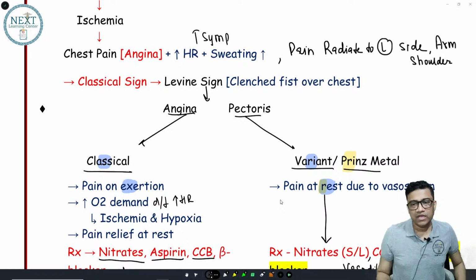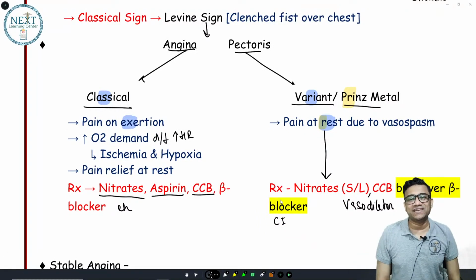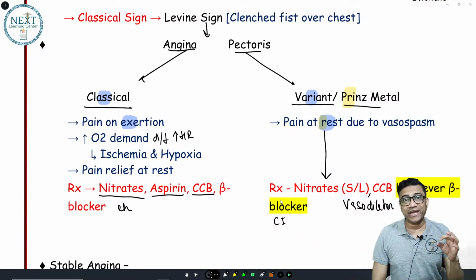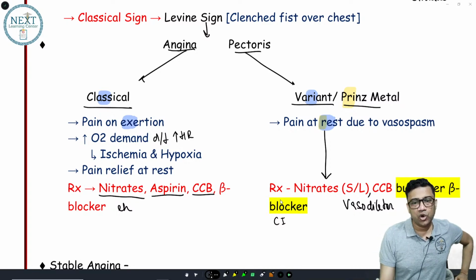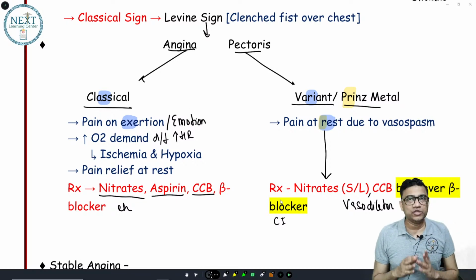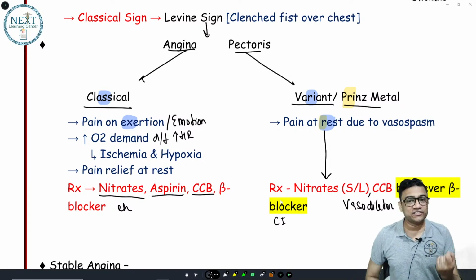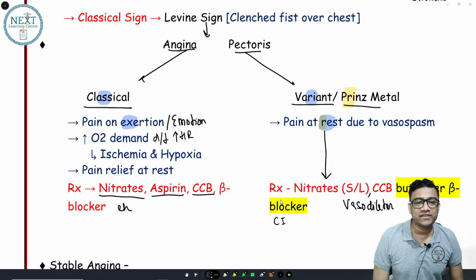Clenched fist. Okay. Now there are two kinds of angina. One is classical. Classical is pain that occurs on exertion or any emotion. For example, when you are checking your results on the computer, what kind of angina will you have? Classical or variant? Variant occurs at rest. Variant is rest. Remember, variant rest.